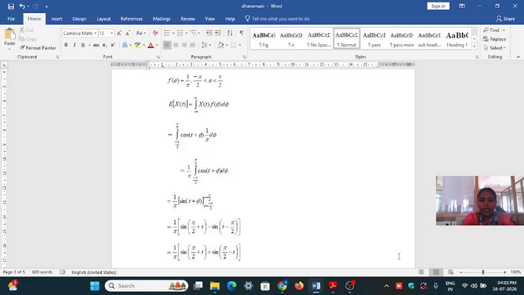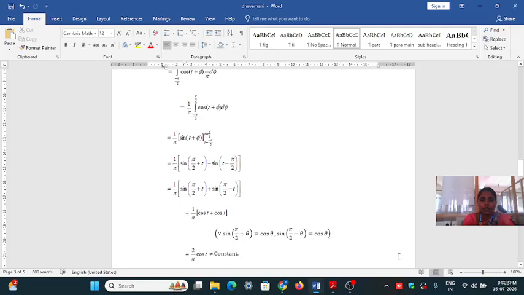Next, apply upper limit minus lower limit: 1 by pi [sin(pi by 2 + t) minus sin(t minus pi by 2)]. So we know the values for sin(pi by 2 + theta) and sin(pi by 2 minus theta). Sin of minus theta equals minus sin theta. Therefore 1 by pi into [sin(pi by 2 + t) + sin(pi by 2 minus t)].